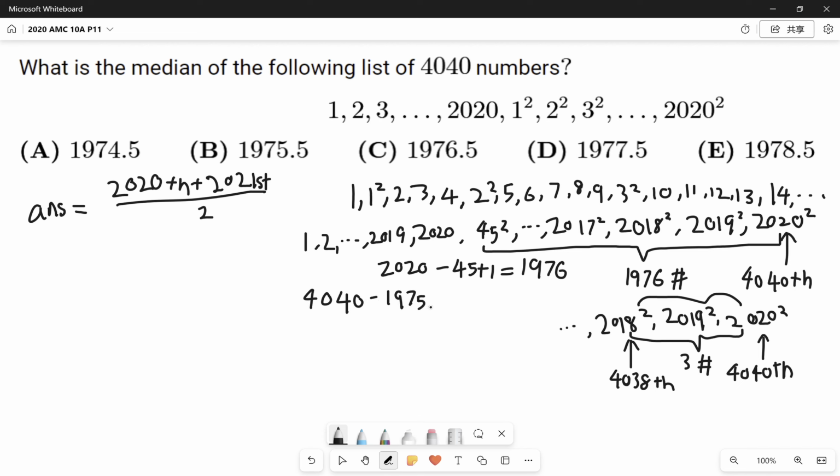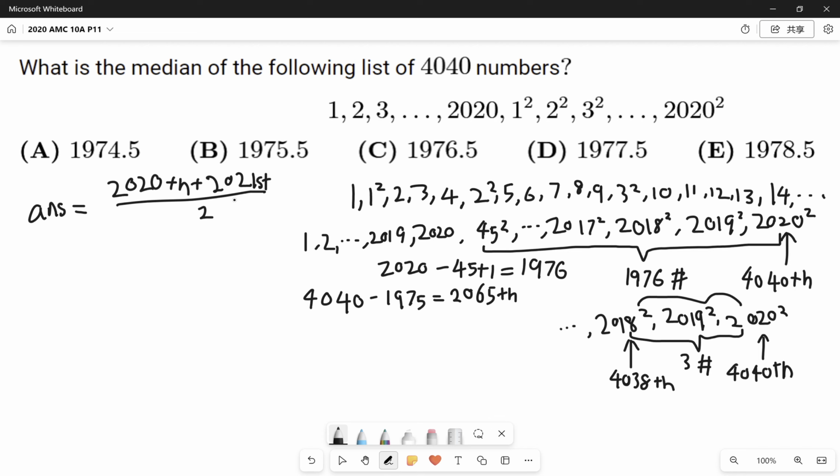So our position goes from 4040 minus 1,975, and so 45 squared is the 2,065th number. If this is the 2065th number, we're actually pretty close to what we want, because we want the 2020th and 2021st numbers. We're only 40-something numbers away.